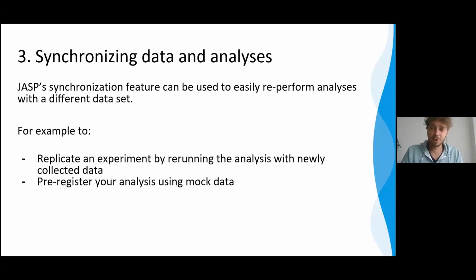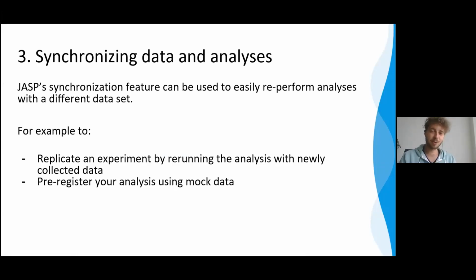So after showing you how you can easily save a JASP file, annotate your results, or also get a JASP file from researchers, I'm going to show you a nice little feature that you can also use to perform open science, which is the synchronization feature, which is relatively unknown, but it works really well and it's really nice.